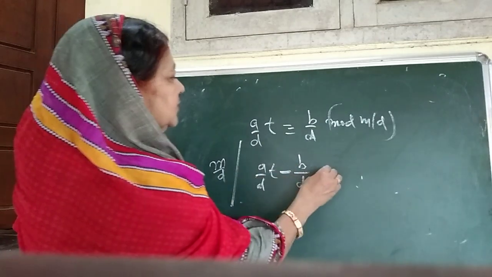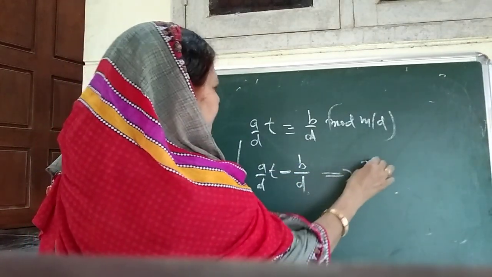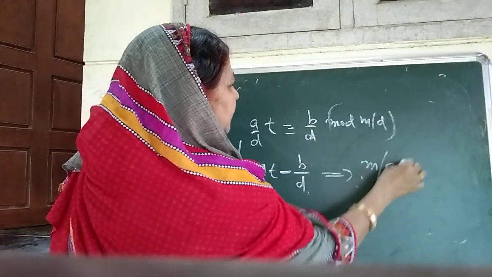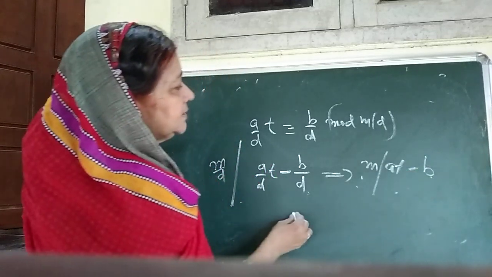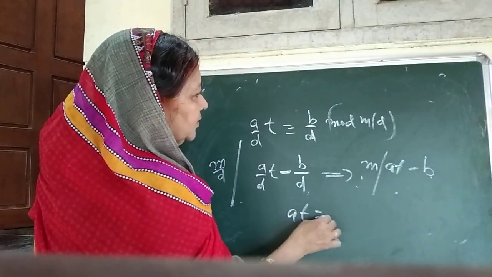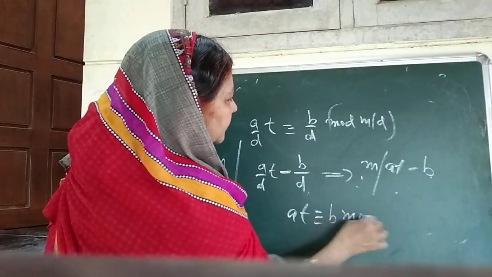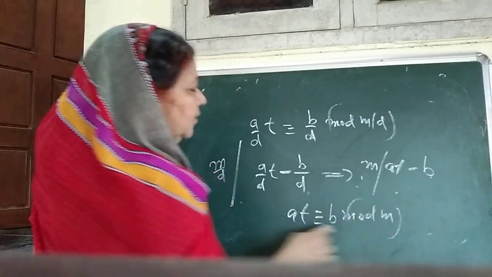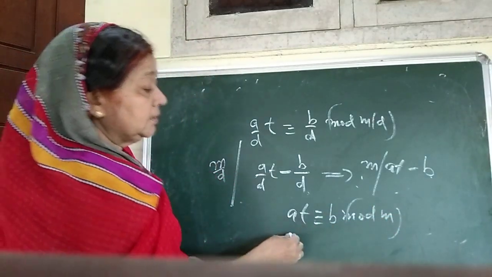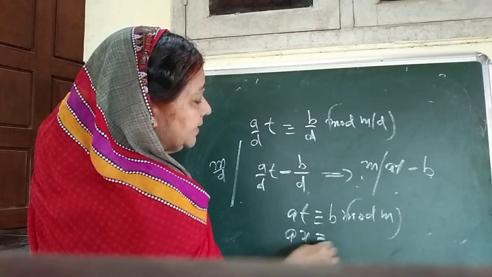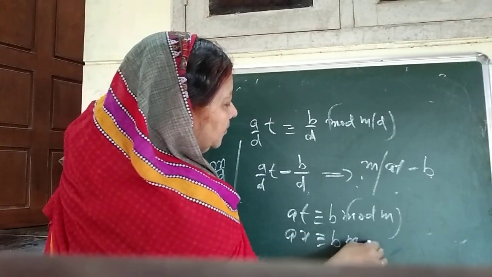On simplification we get m divides at minus b. That is, at is congruent to b mod m. Therefore, t is the unique solution of the equation ax is congruent to b mod m.